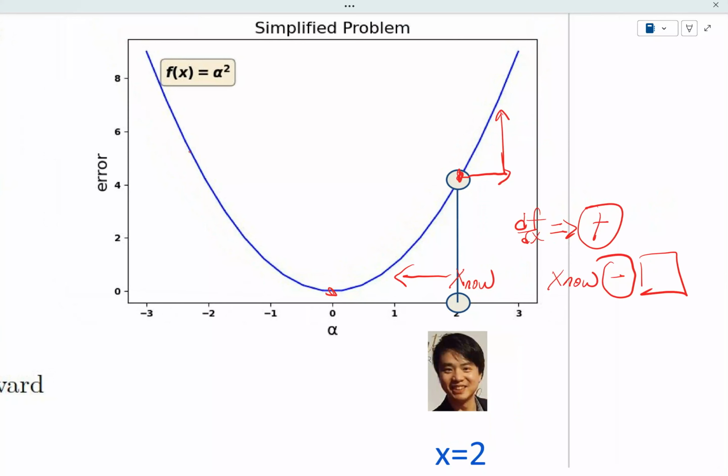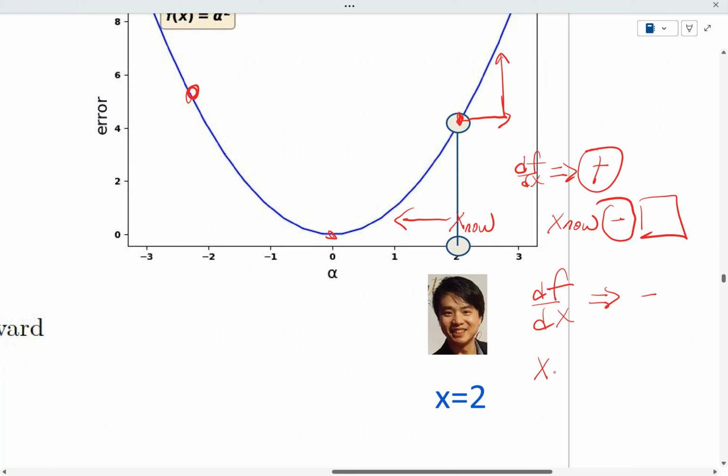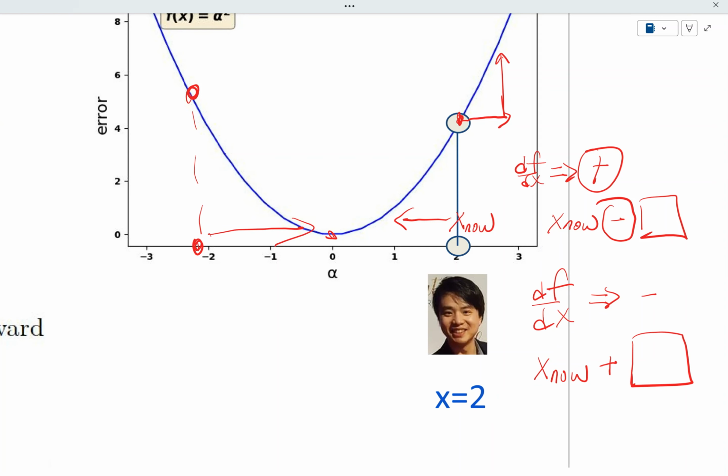In contrast, if we're here, then what's the derivative? It's going to be negative, because as we increase x, the function is going down. So if the derivative is negative, then compared to our current location, we want to add some value to push you this way.